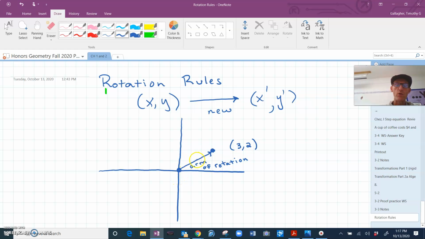So let's say I want to rotate this point 90 degrees counterclockwise. I'm going to take that arm of rotation and rotate it 90 degrees this way. You can see that the rotation ends up right here.